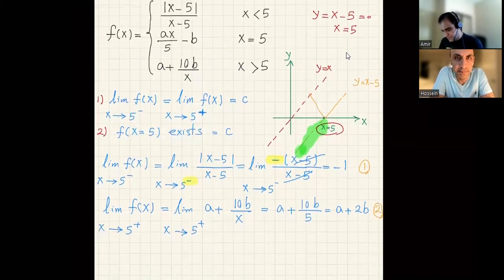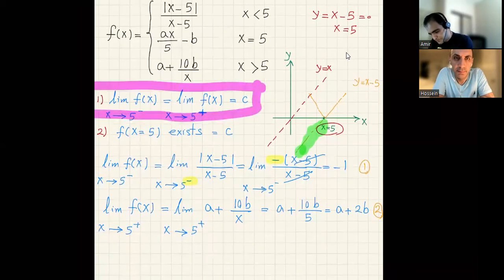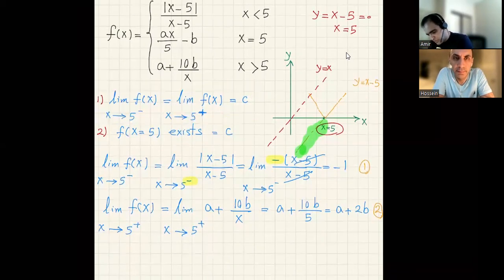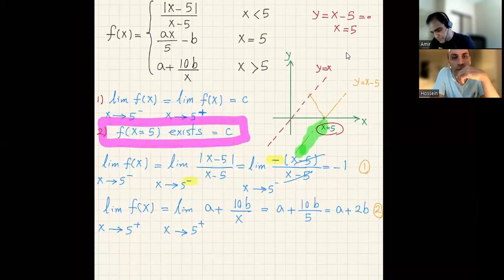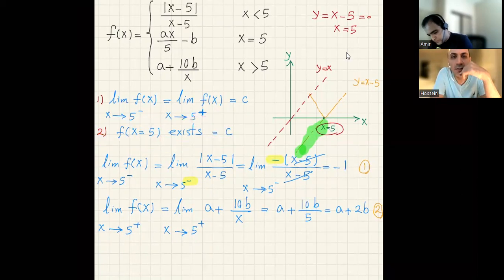And so far we covered this condition. Now we look at the actual continuity condition: the value of the function, the value of f of x exactly at the value of 5.